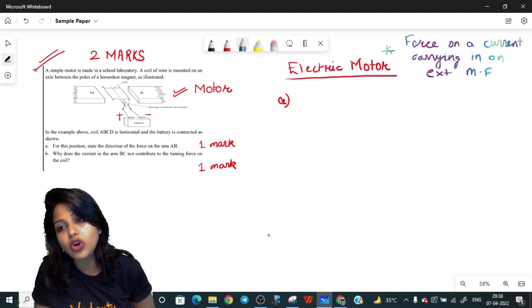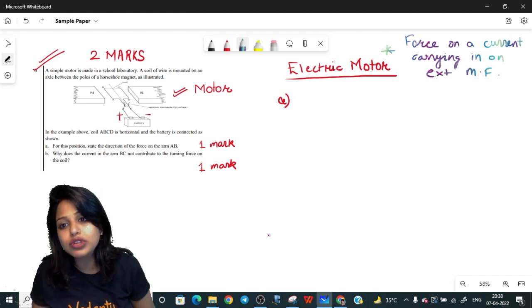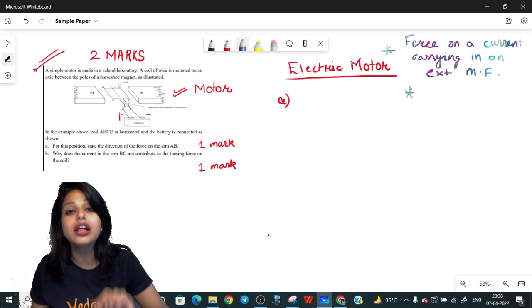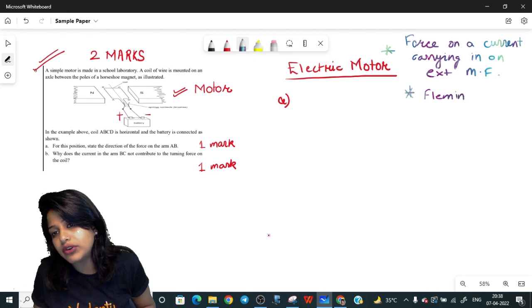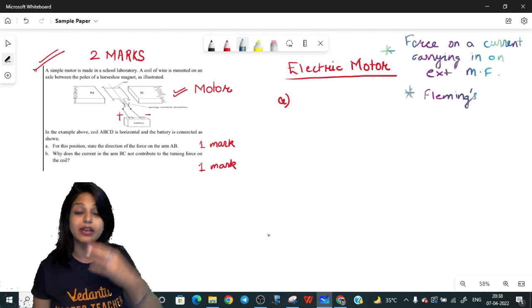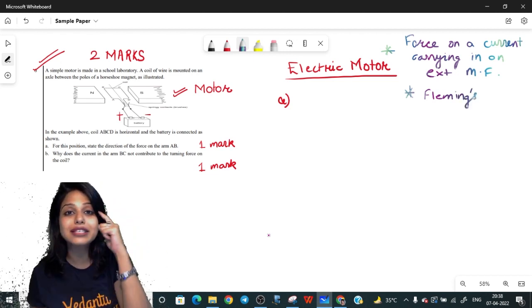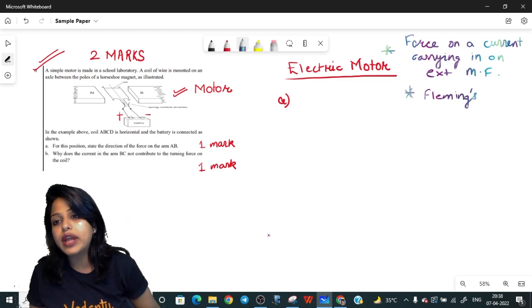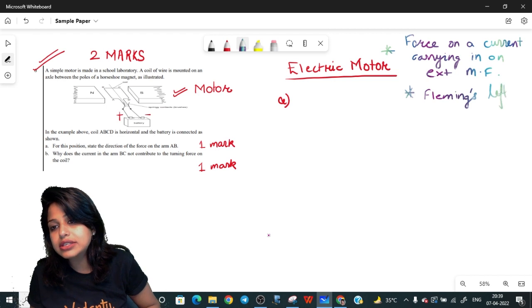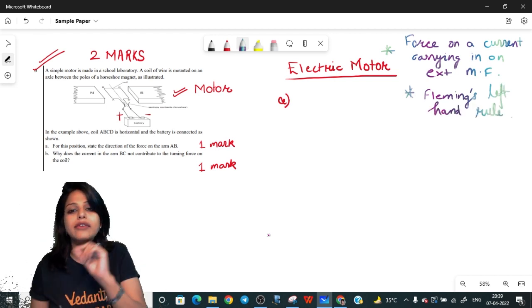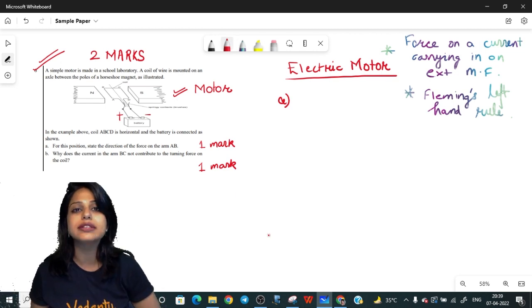This is the topic it is from, and if I know this, I already know that the rule that is going to be applied here is Fleming's left hand rule. These are the things that I am making as a note in my head. So Fleming's left hand rule is going to be used here. I'll apply my left hand rule and let's check whether I can answer part A.